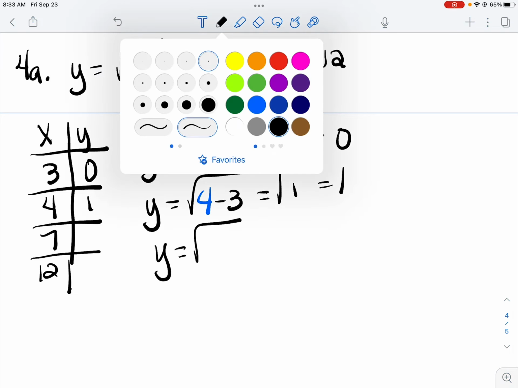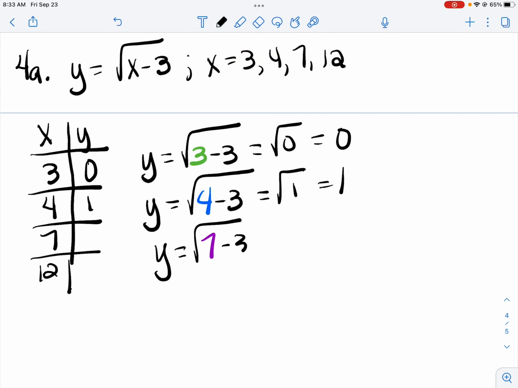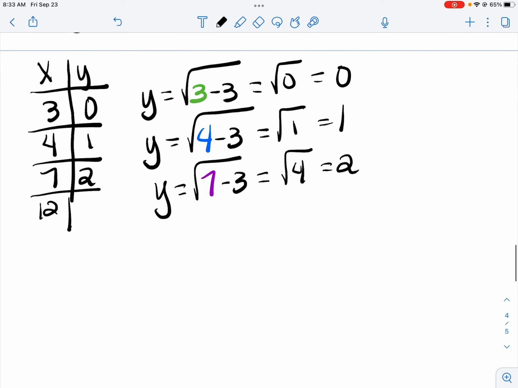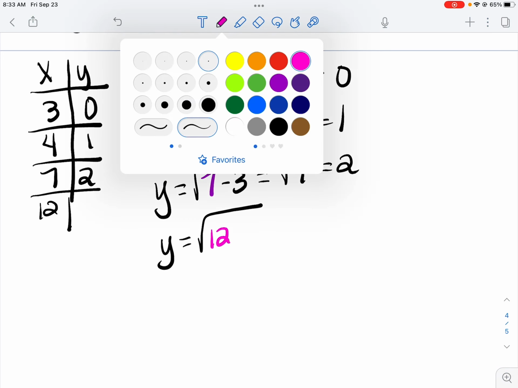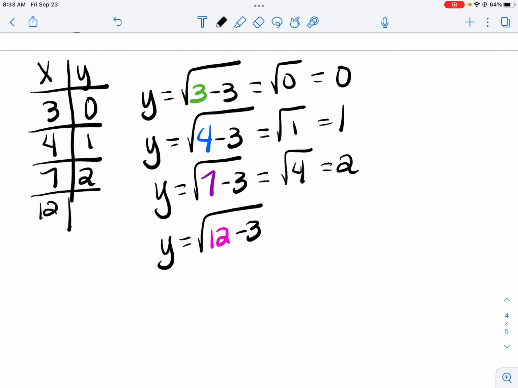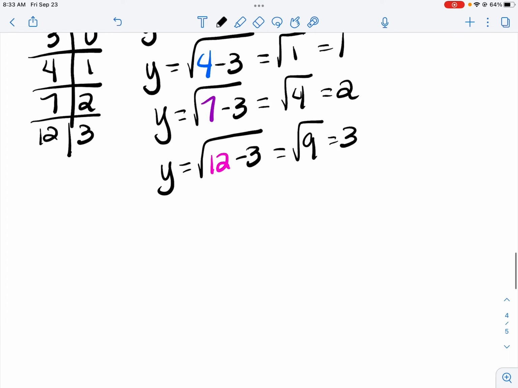Plug in 7 for x. 7 minus 3 is 4, and the square root of 4 is 2. And then last, plug in 12. And 12 minus 3 is 9, and the square root of 9 is 3. And then you would plot your points and sketch your graph.